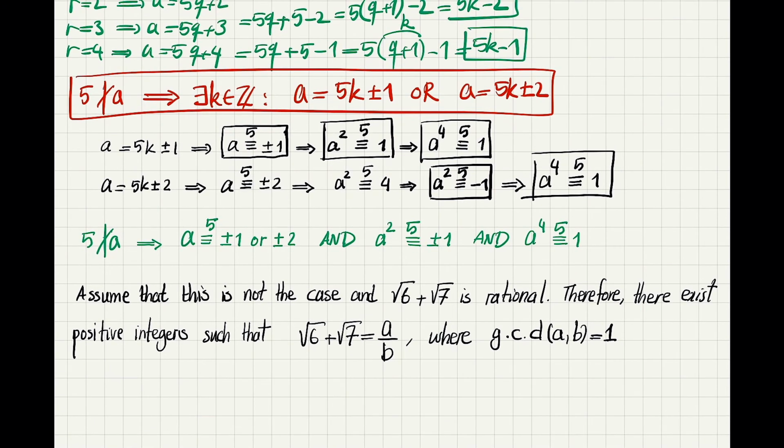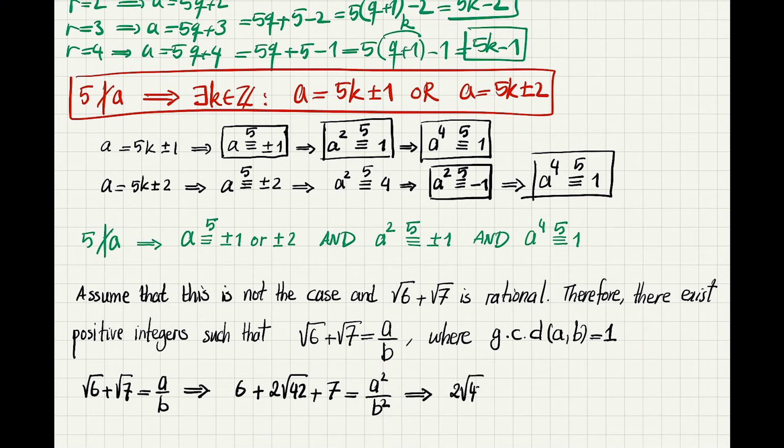Okay, and now I start from this statement: square root of 6 plus square root of 7 is a over b. Then I raise both sides to power 2. It becomes the first one to the 2, plus 2 times the first one times the second one, plus the second one to the 2, which is a squared over b squared. And then 6 plus 7 is 13. I move it to the right hand side. It becomes a squared over b squared minus 13.